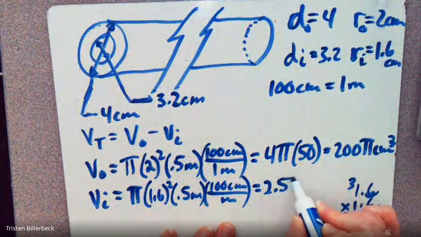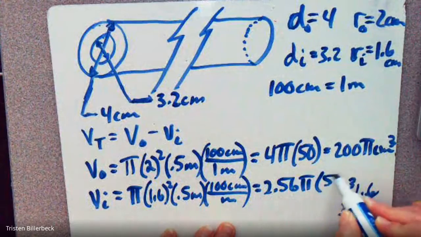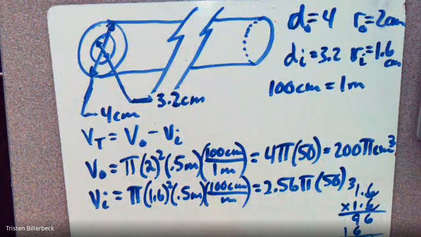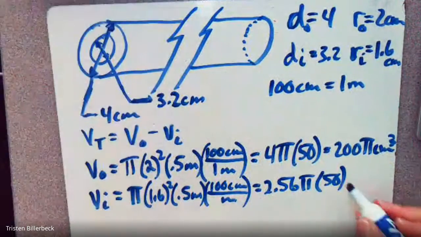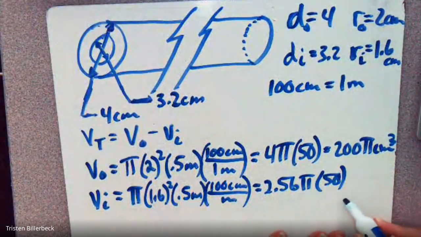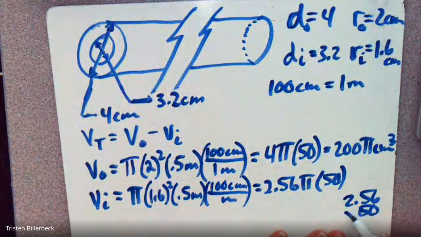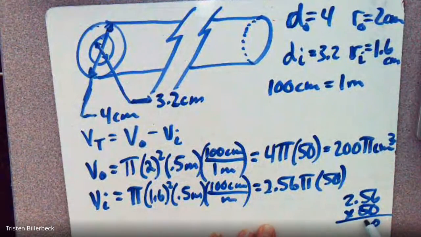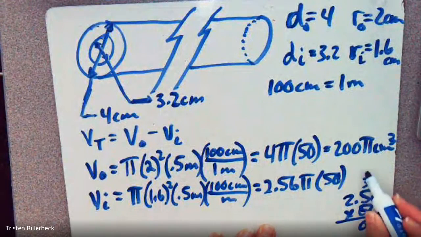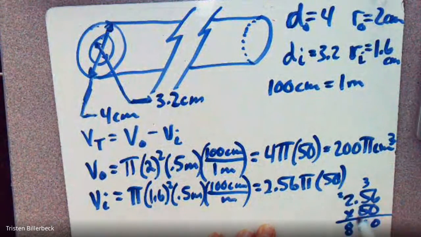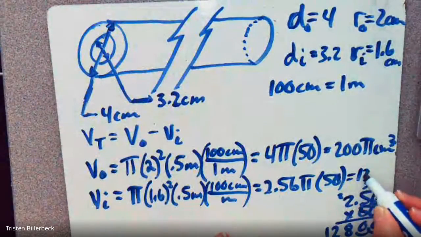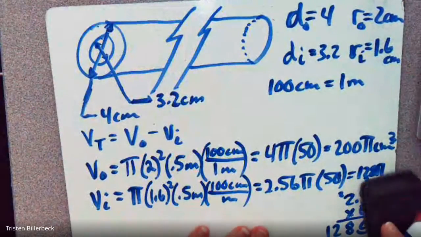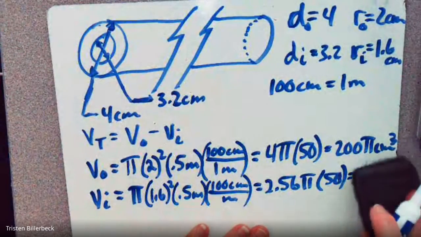So we have 2.56 pi times 50. Okay, so let me reset. All right, so 2.56 times 50. So we have 0, 30, then 25 plus 3 is 28, and then 12, and we move the decimal 2 spots. So this particular one is 128 pi. So let me write that nicely.